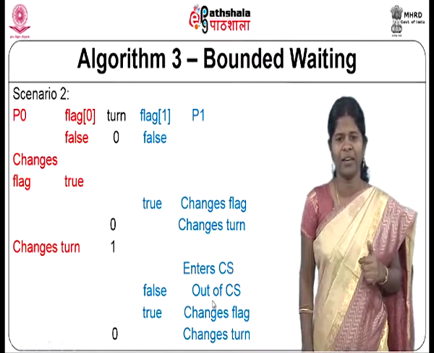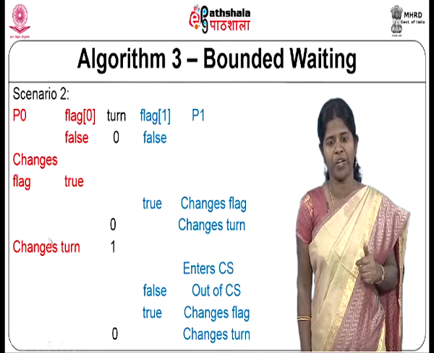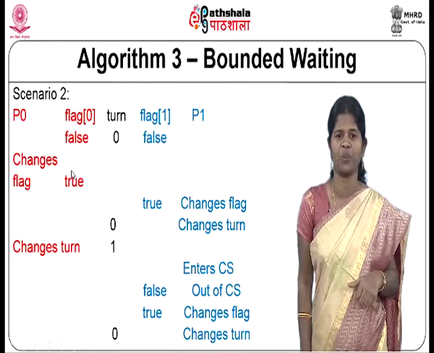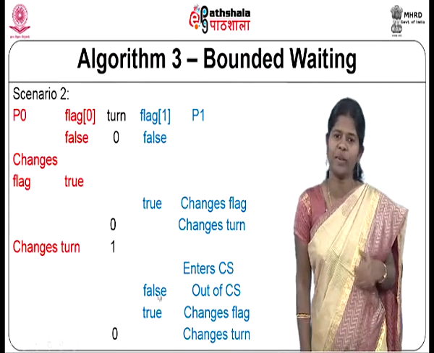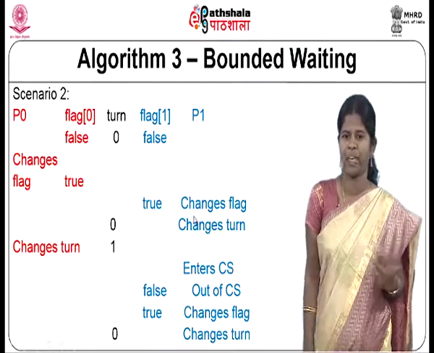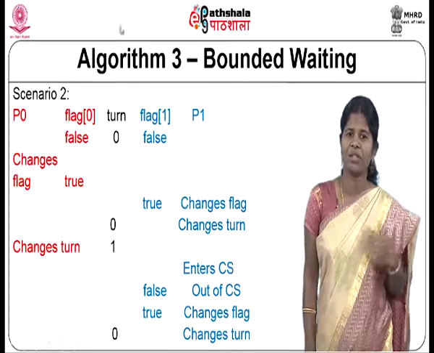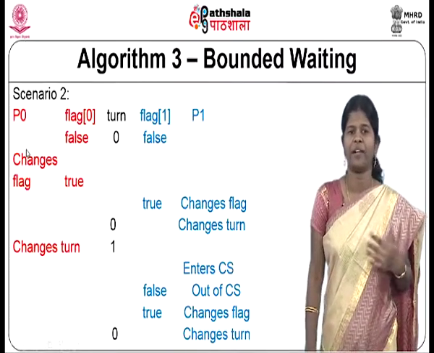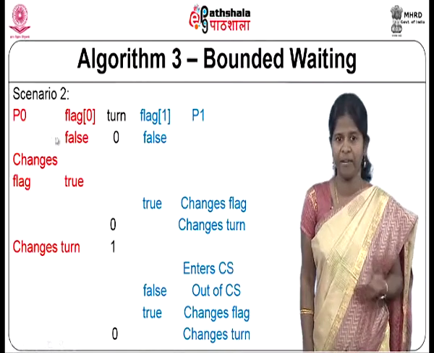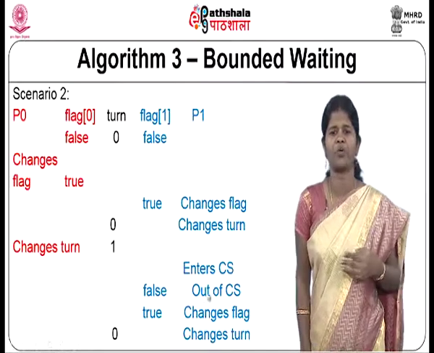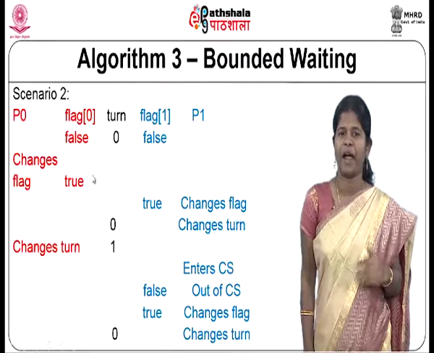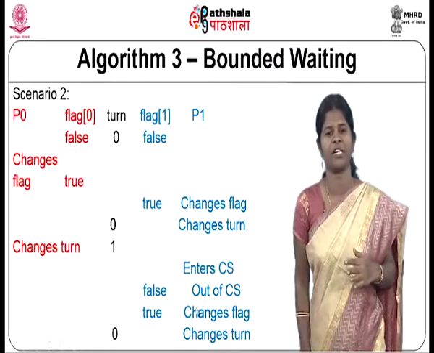So, here you find that if P0 was not in the entry section, if it had not changed the value of flag to true, then P1, even though it changes the value of turn to 0, can enter critical section. Progress will be there. But here, because P0 had wanted to enter critical section, it had set the value of flag to true earlier, and even though P1 wants to enter critical section the second time, this is not allowed unless process P0 is allowed to enter critical section.